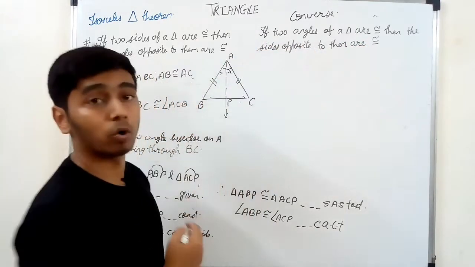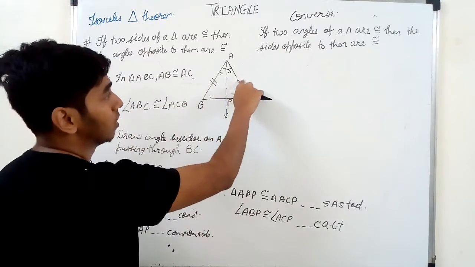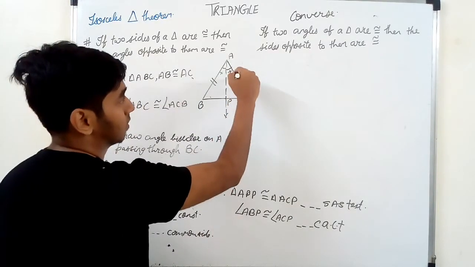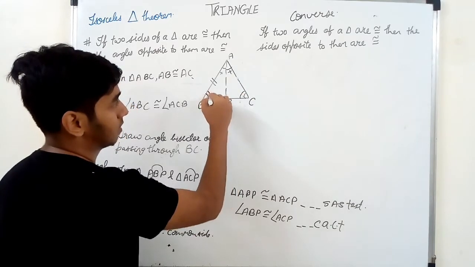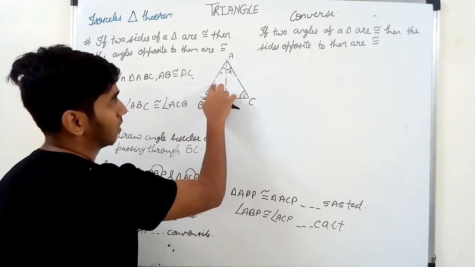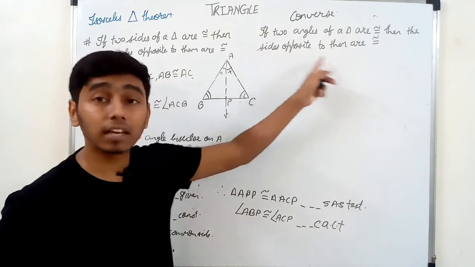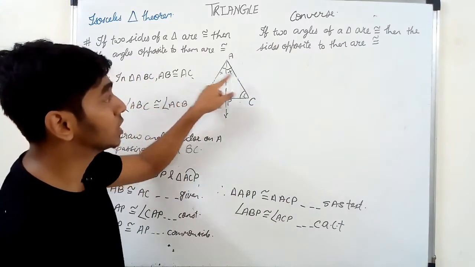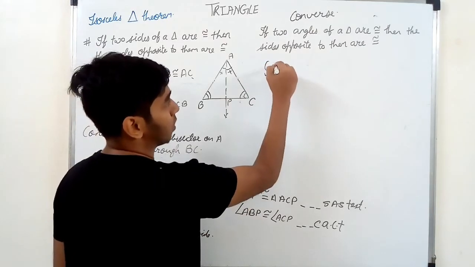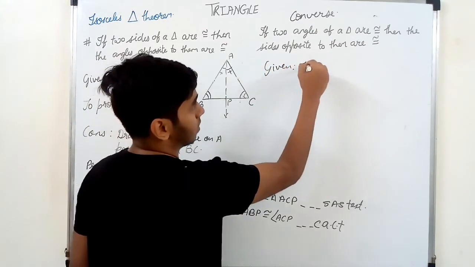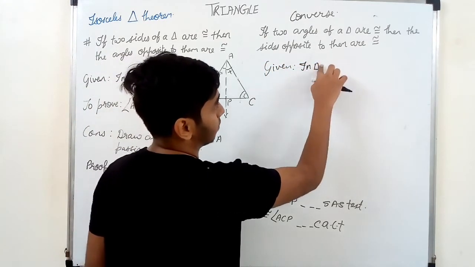It says that if two angles of a triangle are congruent, so here we are taking this. These two angles are given as congruent and we have to prove that these two sides are congruent. So let's see how we do.